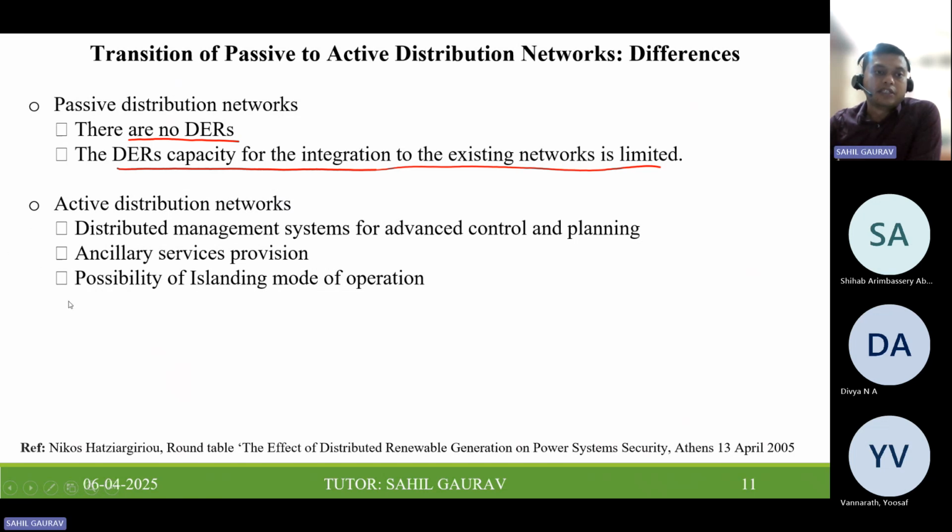We can improve the voltage and power quality, and there is also possibility of islanding mode of operation with the active distribution networks.